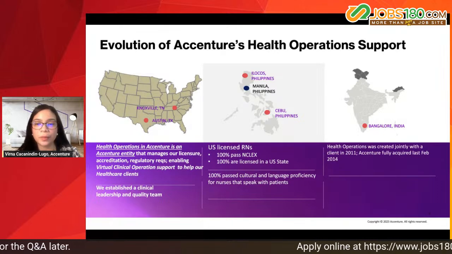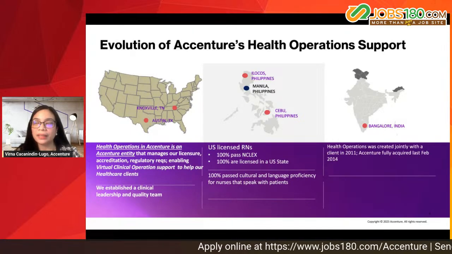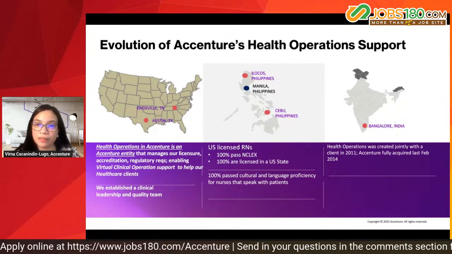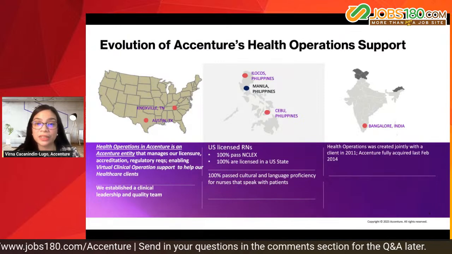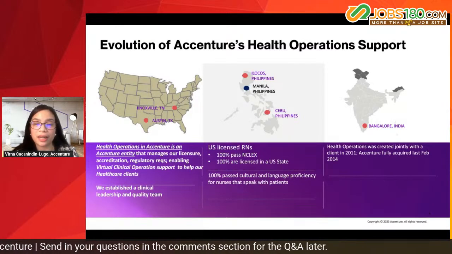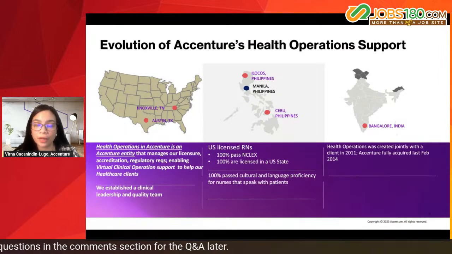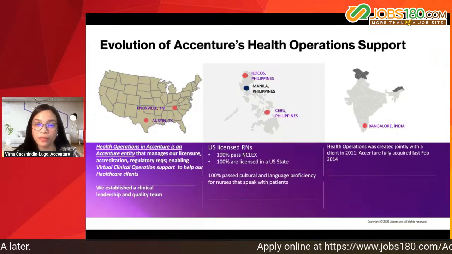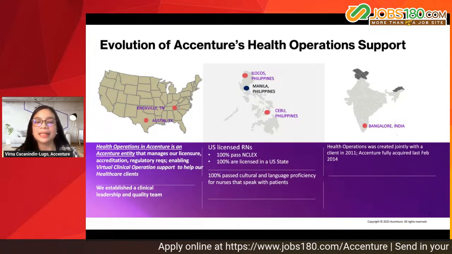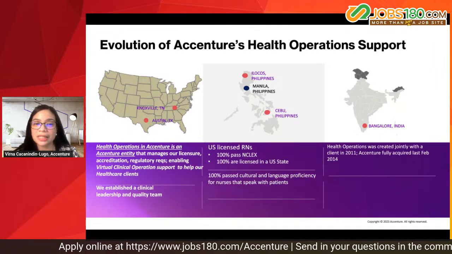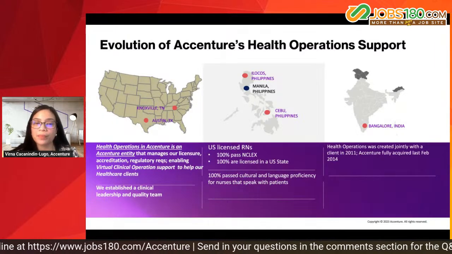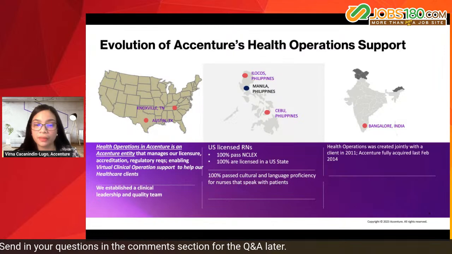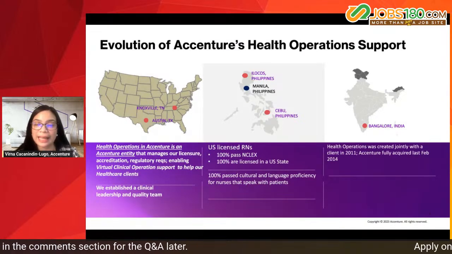So it started way back in 2011, wherein one of the clients in the US was asking for a service from Accenture, which is in consultancy regarding their work, and they found out that they could outsource the work of the USRN here in the Philippines. So for the health operations in Accenture, we manage yung licensure, regulatory requirements, enabling yung virtual clinical support, which we are doing right now to our healthcare clients.